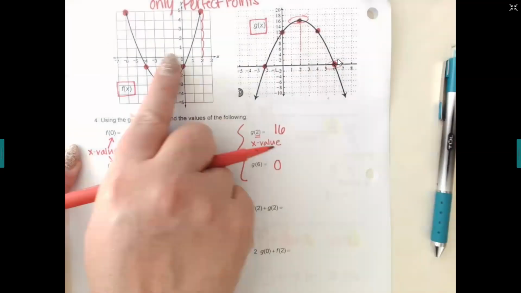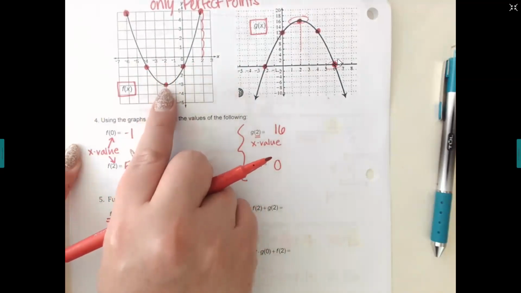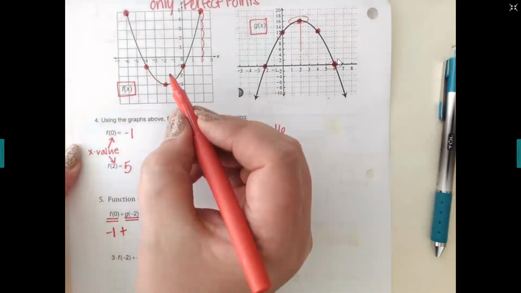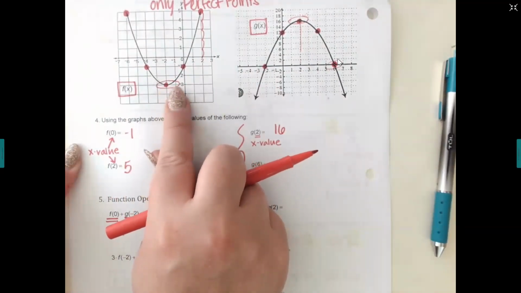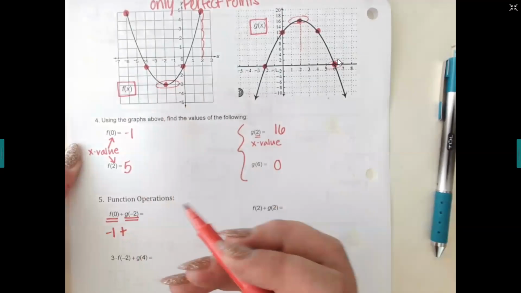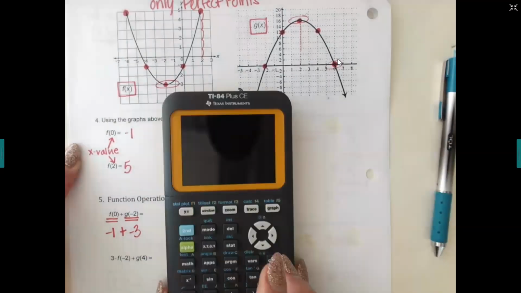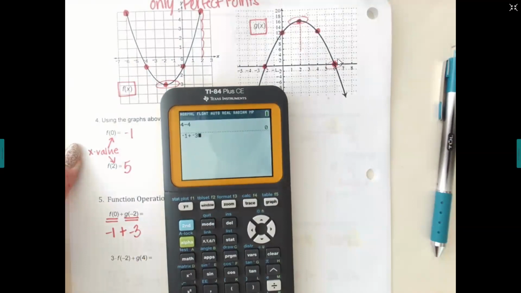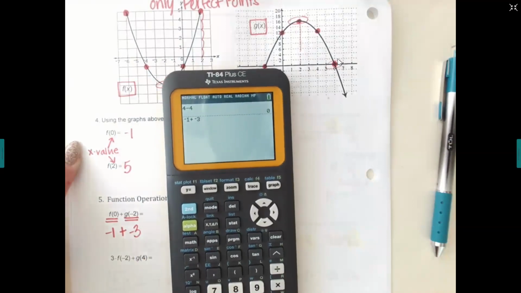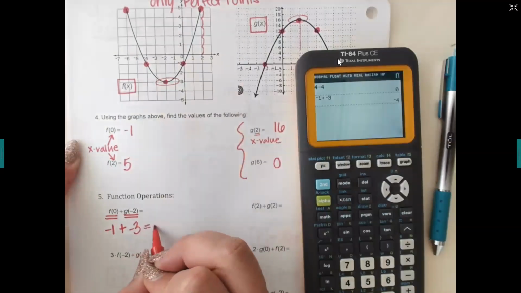So I'm going to find -2 first. -2 is right here. And then I'm going to go down to this dot. How low is it? How many? -3. And then after, you're going to put that in the calculator. So you're going to do -1 plus -3, just like that. -1 plus -3 is -4.